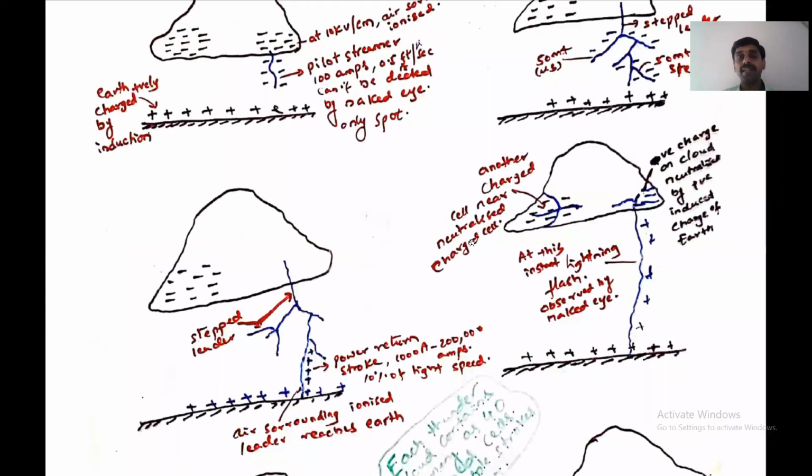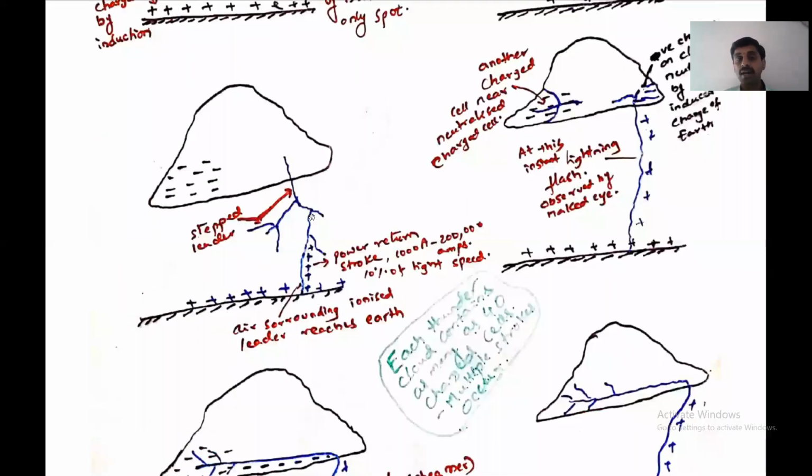Once this step ladder reaches the ground, what happens? This negative charge reaching the earth is neutralized, and the air surrounding is ionized. This is called the power return stroke. Once it is ionized, the path is already there, because the earth is very gigantic and the cloud is small.